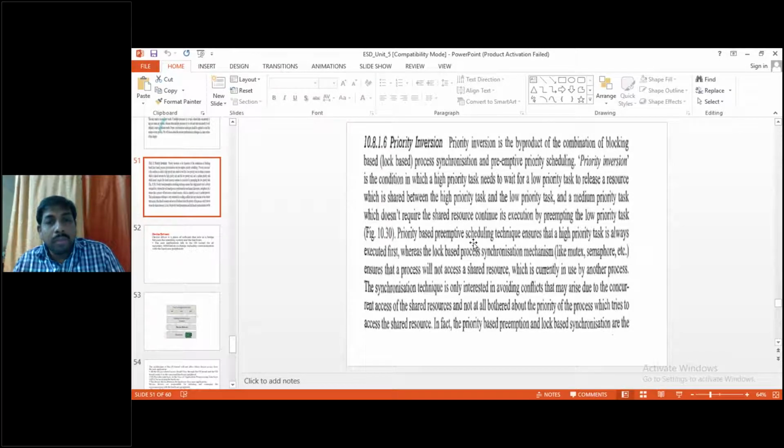Priority based preemptive scheduling ensures that a high priority task is executed first, whereas lock based process synchronization like mutex and semaphore ensures that a process will not access shared resources in use by another process. The synchronization technique is only interested in avoiding conflicts that may arise due to concurrent access of shared resources, and is not at all bothered about the priority of the process which tries to access them.